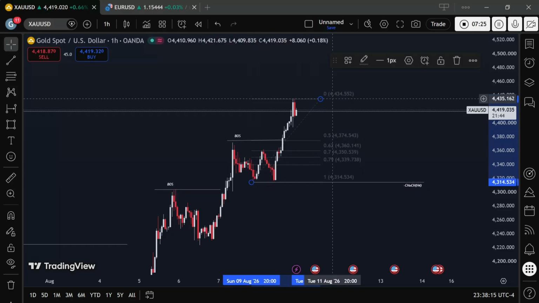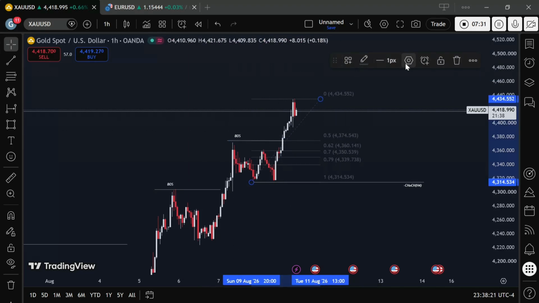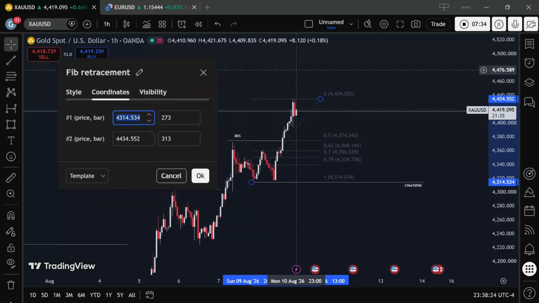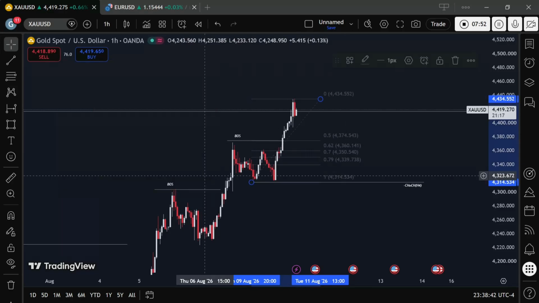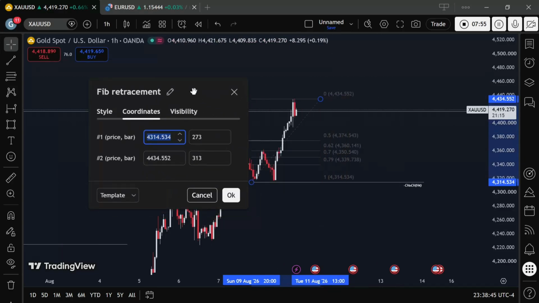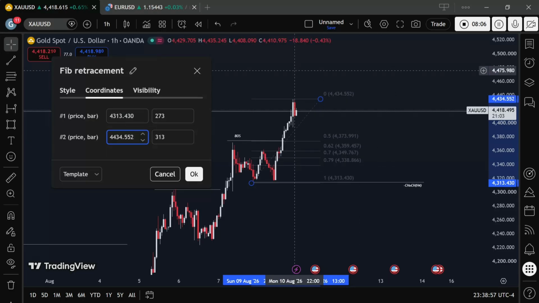The midpoint is 4435.245, and our swing low is at 4313. Sorry for that. 4435.245.